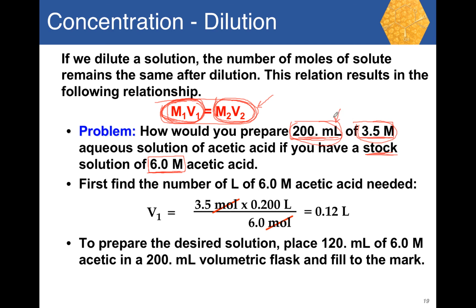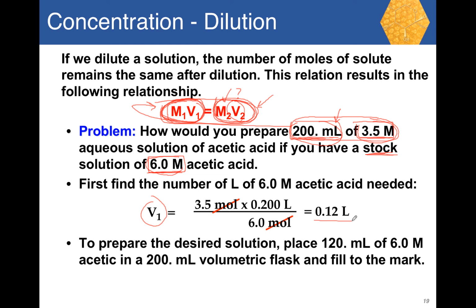Always bring to liters, because by definition, molarity is moles per liter. So these two numbers will go on this side, and 6 molar will go over here, and the volume we do not know. So you set that up and you solve for the volume. And once you solve for the volume, you'll get 0.12 liters.